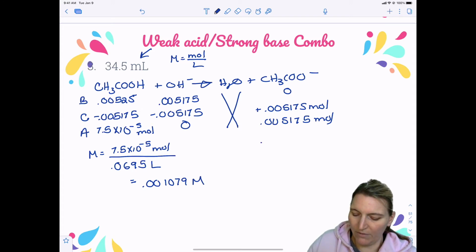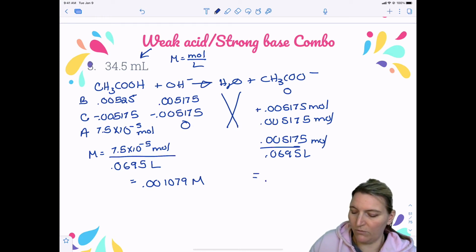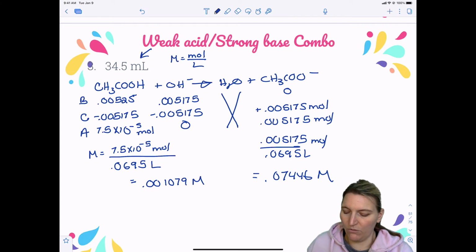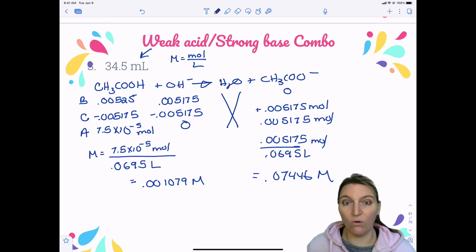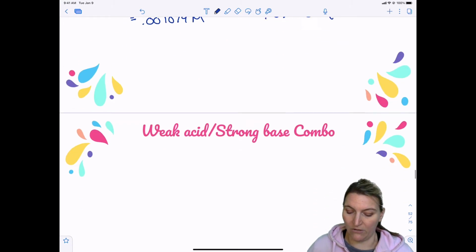I do the same thing with my conjugate base, and that equals 0.07446 molarity. So this is the molarity of my weak acid and its conjugate base. And now what I can do is put those together in an ICE chart or use the Henderson-Hasselbalch equation to find the pH.